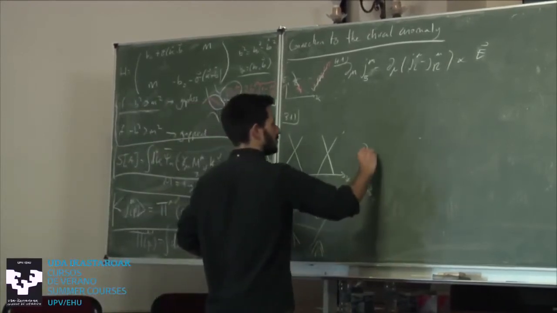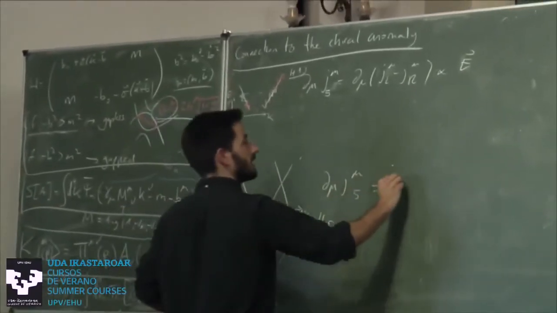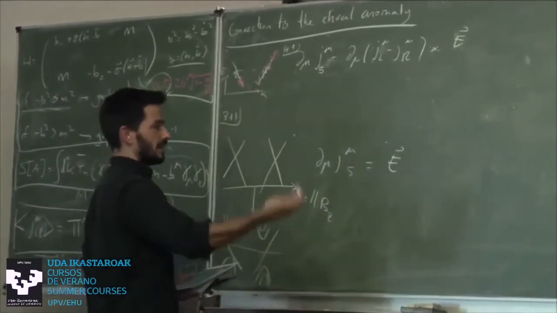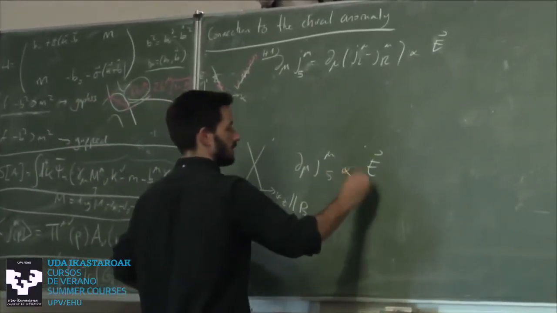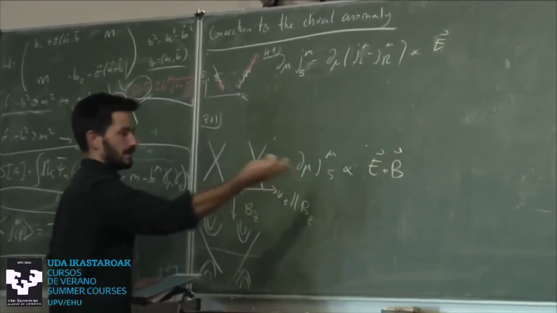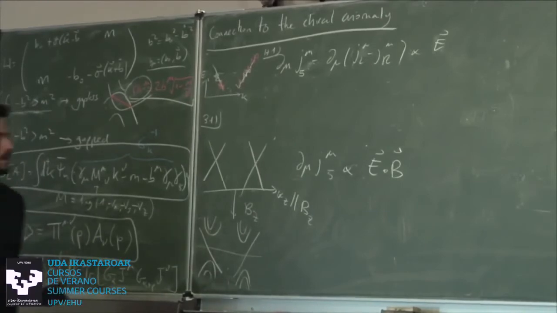So in fact, J mu 5 is E, because it's the 1 plus 1 result, times the Landau level degeneracy. And that's essentially proportional to B, times some factors of pi and so on.